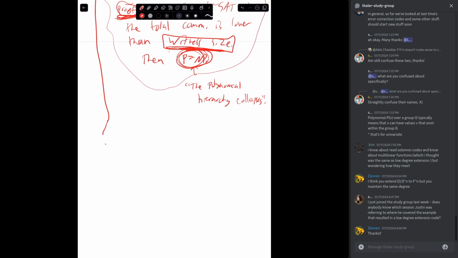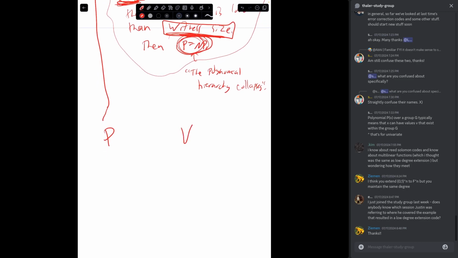The way to use Sum-check and no cryptography for circuit-SAT is to have the prover send the witness to the verifier, and then use Sum-check to prove interactively that C of W equals Y.